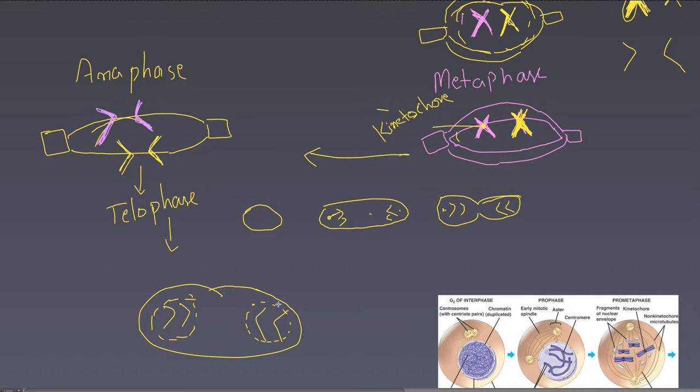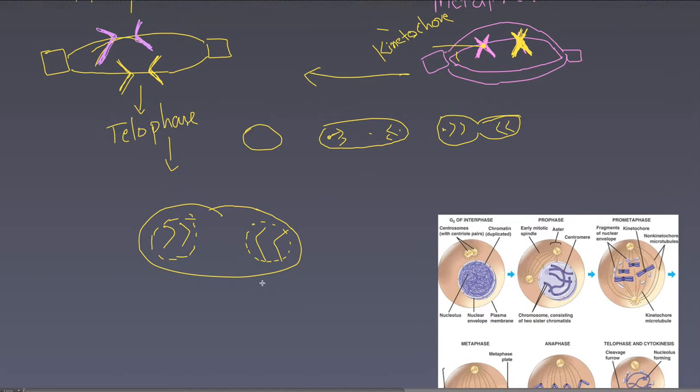And during the telophase, the nuclear membrane completely restores itself, and the cell has two nucleuses. Now the mitosis is finished.